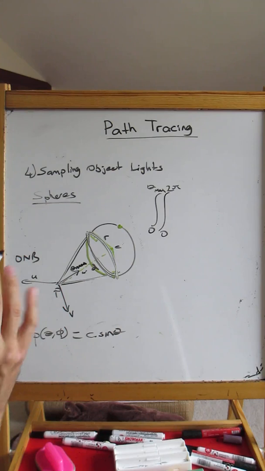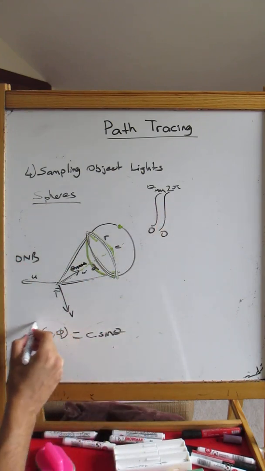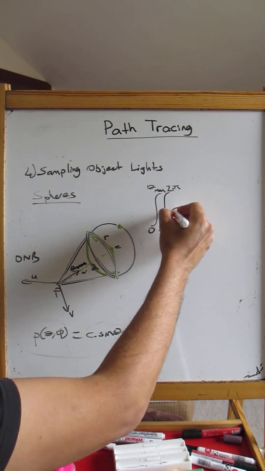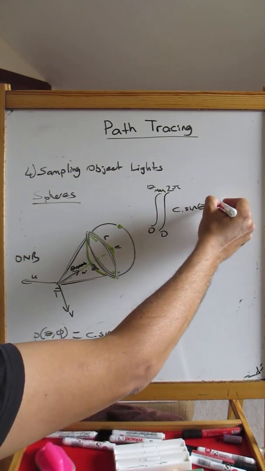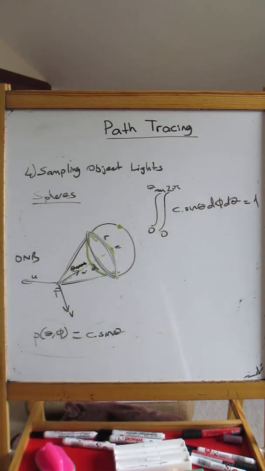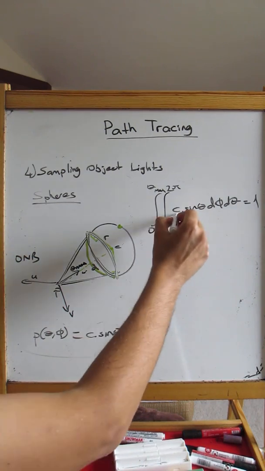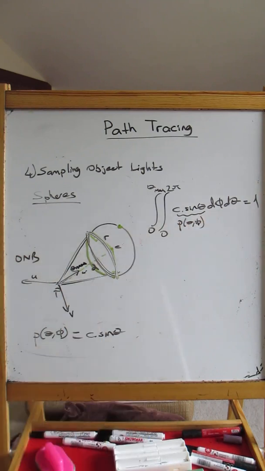Okay? So this integral, what are we integrating? We are integrating this thing, C times sin theta, d phi, d theta, which should be equal to 1, right? Because we want this to be a probability density, p(theta, phi).